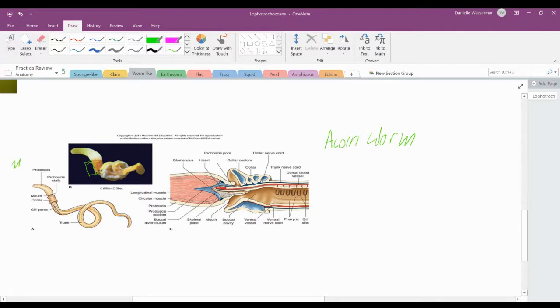But this is a proboscis, and there's an obvious seam in between the proboscis and this collar, which can slide. Another way to tell is that there's no opening here because the mouth is down here. In a worm, the opening would be here. Also, gill pores are present on this hemichordate.